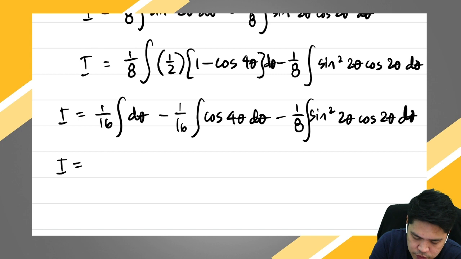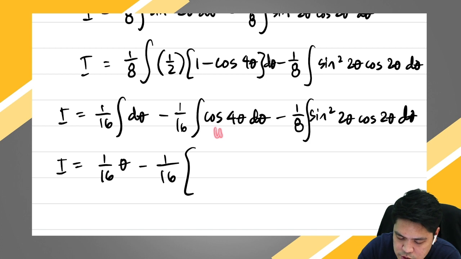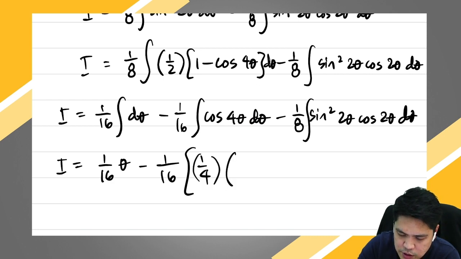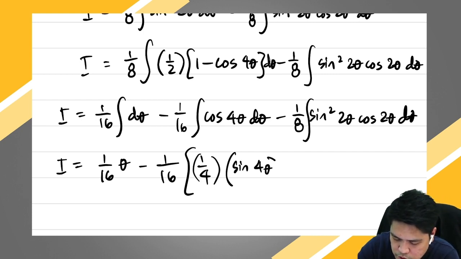So from here we have 1/16 theta minus 1/16 times, this is the case of cosine u du. So if u is equal to 4 theta, du should be 4 d theta. So we need to multiply this by 1/4 because we need 4 d theta here. So that would be 1/4 times the integral of cosine, which is positive sine. So sine 4 theta.